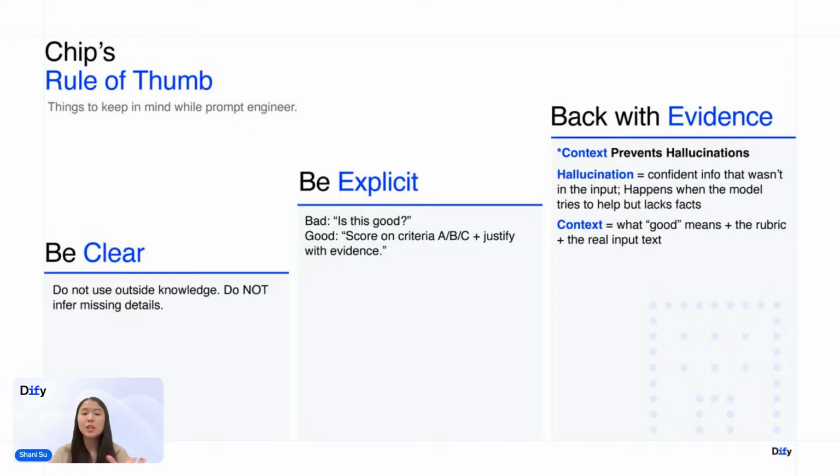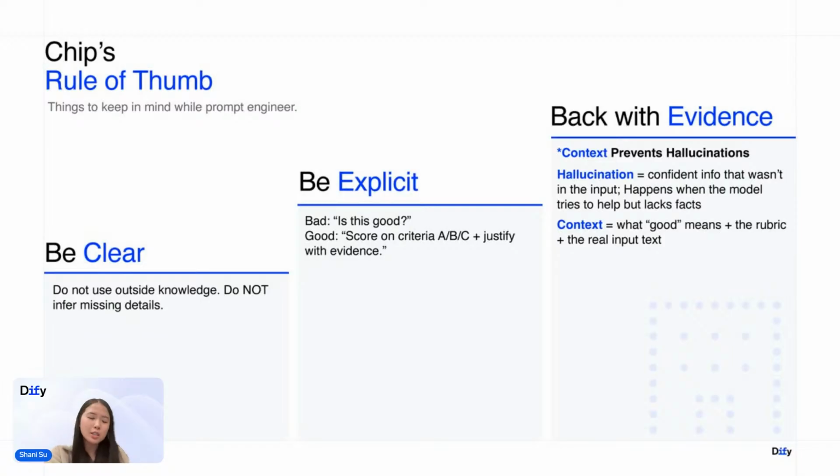Context prevents hallucinations. So what exactly do we define as a hallucination? A hallucination is a confident piece of information the LLM generates that was not in the input. For example, if you input Shani's resume and the LLM pulls data from its database that says a project that Shani has never worked on is useful for this resume.